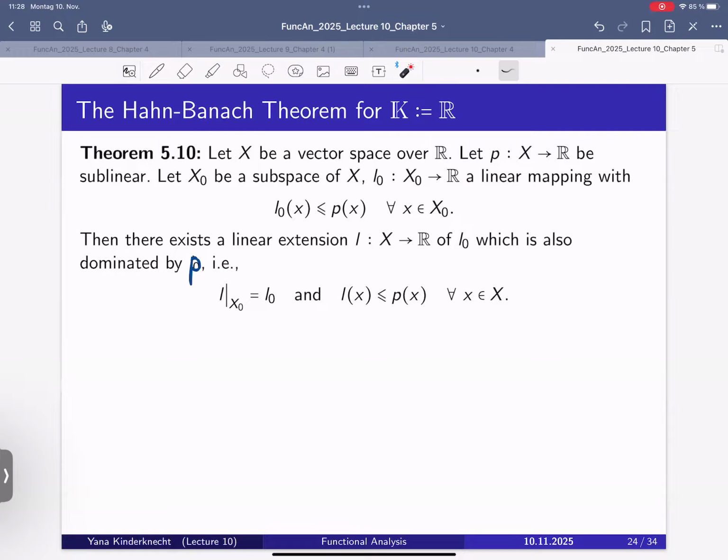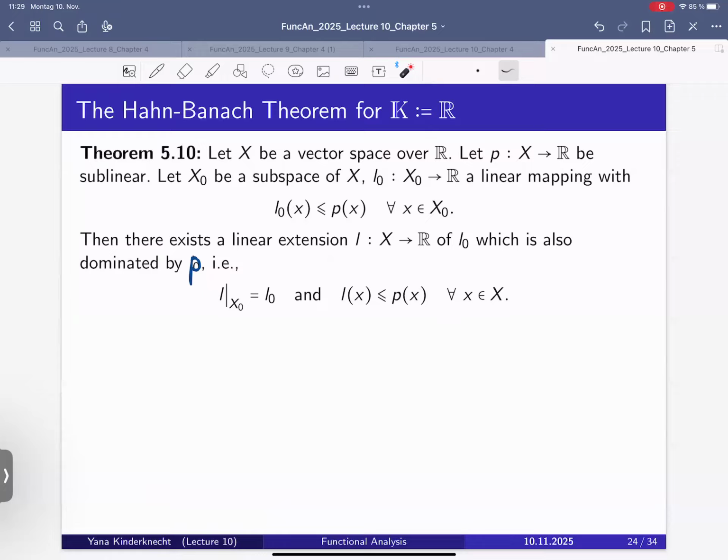So this is an important result which allows us to construct extensions of linear functionals such that their properties remain good. At the moment, this version is a bit more general. Often this theorem is presented with the norm, so we can extend the functional with preservation of the norm.